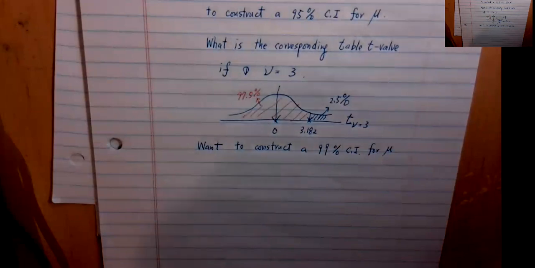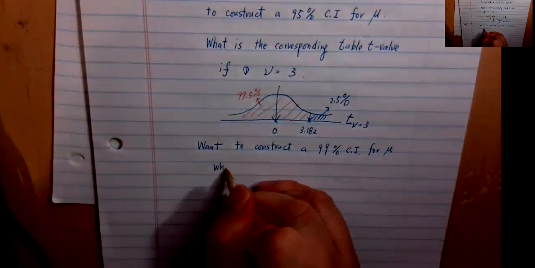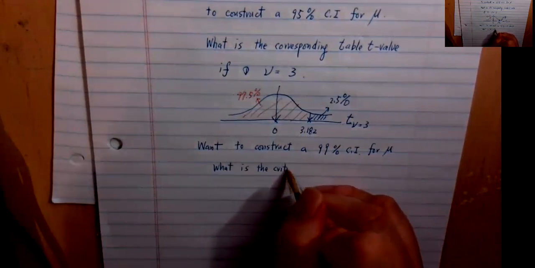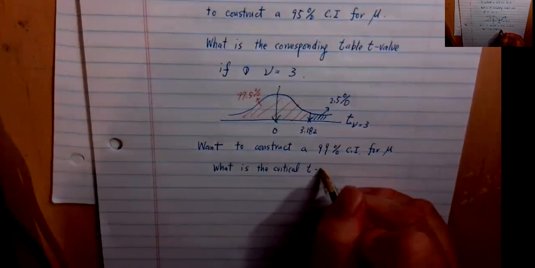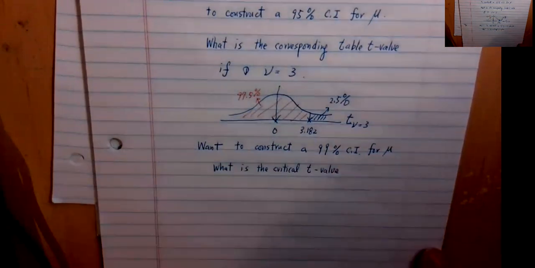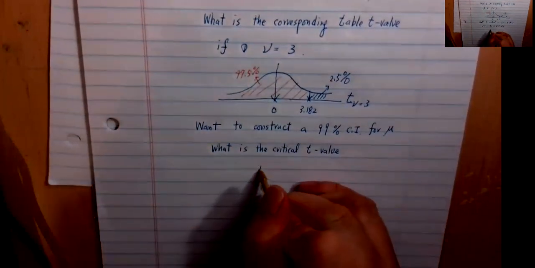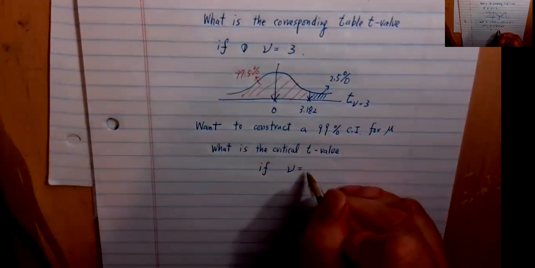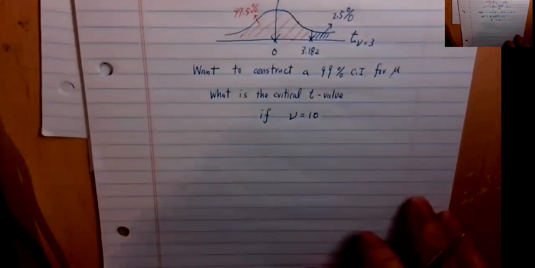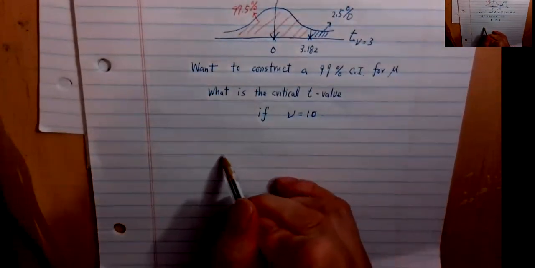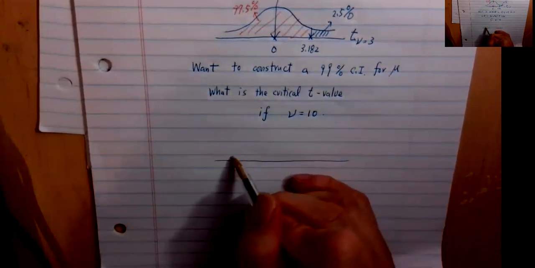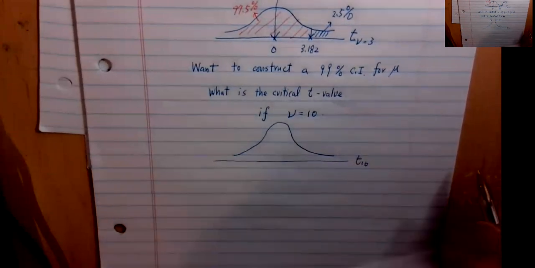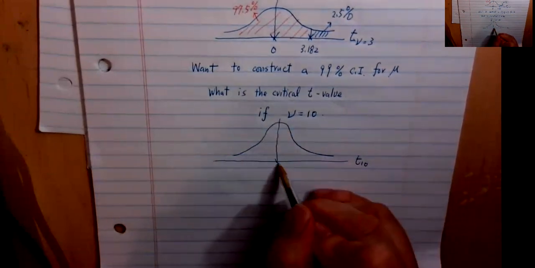So what is the critical t value, or table t value, if degree of freedom is 10? Okay? So in this case, let's draw the picture. This is the t distribution with 10 degrees of freedom. And the center here is still 0.